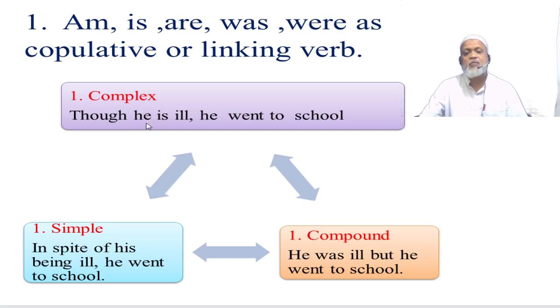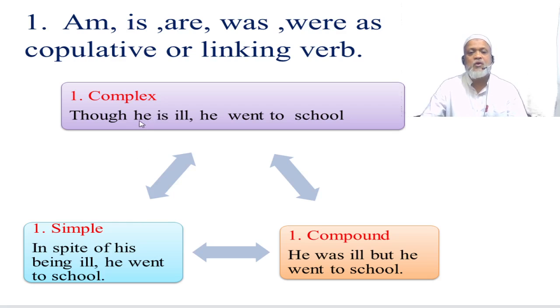What is the possessive case? Every person has three cases: subjective, objective and possessive. He is subjective, and the possessive of he is his.